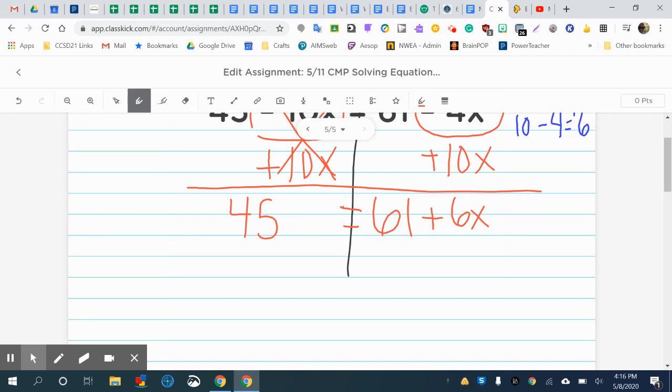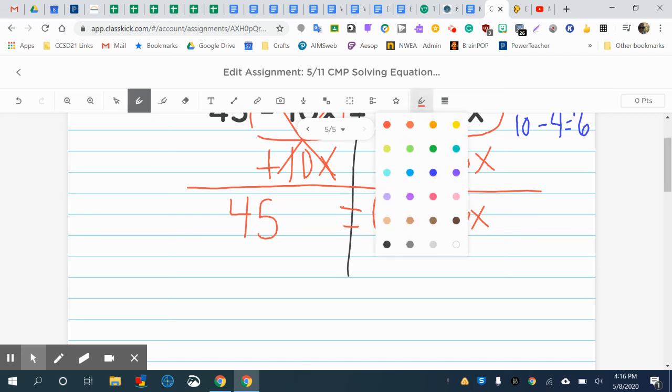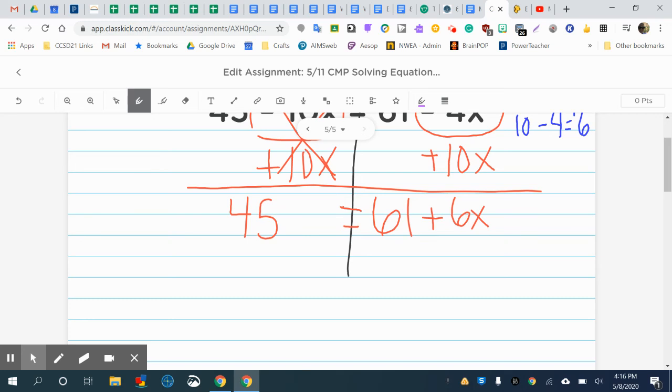Next step, we are going to move that 61 because we're trying to get x by itself, minus 61 on this side. Whatever I do to one side, I do to the other. Okay, again, we can use this strategy. Right now I have 45 minus 61.